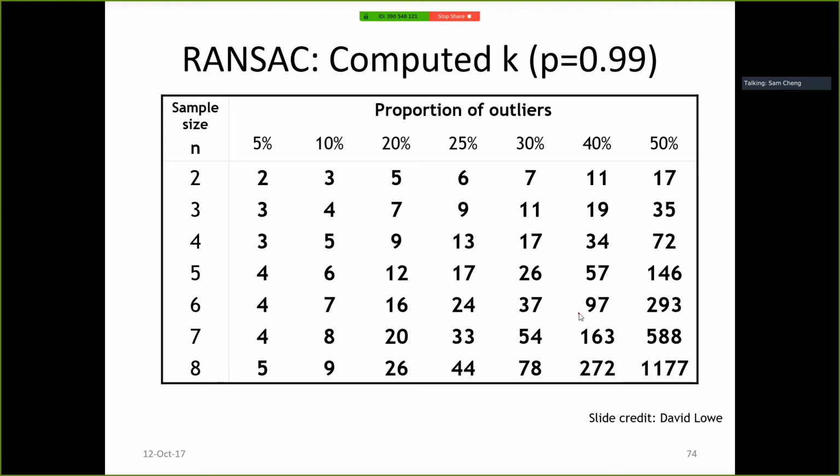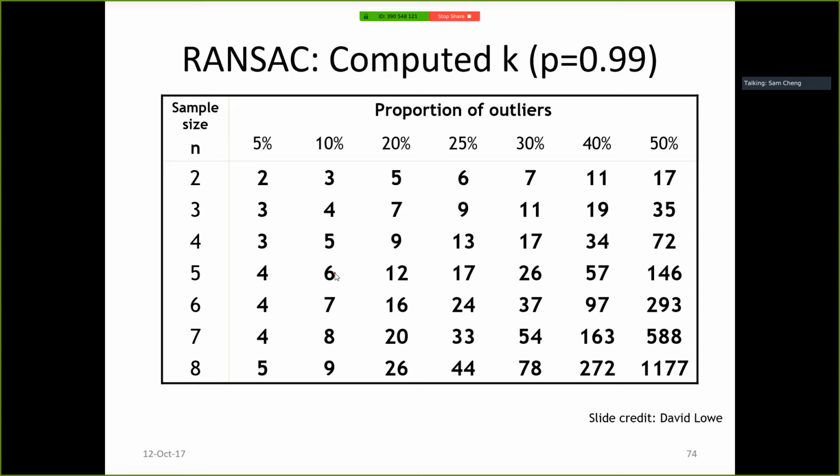This is a table that can verify your idea. If my features are quite accurate, say only 10% of them are incorrect, so the fraction of outliers is 10% or W is 0.9, and my model is a homography with model size 5, then I just need to repeat this 6 times.